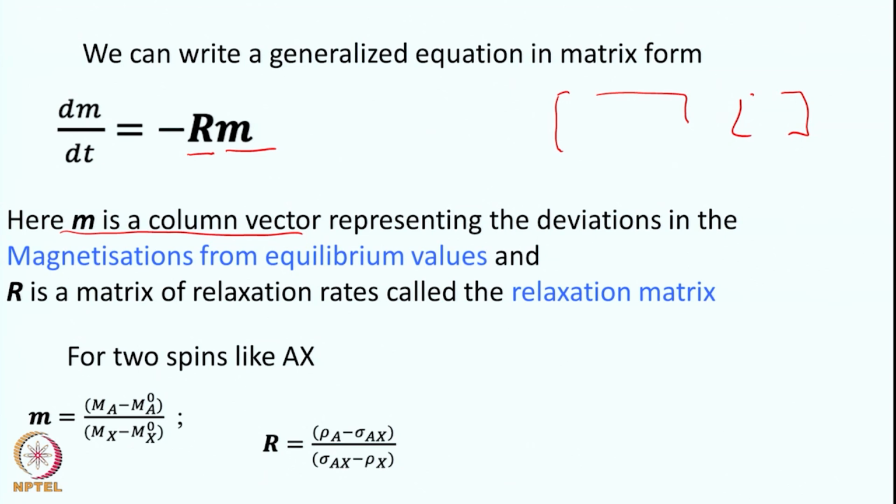We called these either auto relaxation or cross relaxation rates. So, we can write the magnetization product with the relaxation rate. For two spins, M will be a column vector with MA minus M0A and MX minus M0X, and the relaxation matrix has the autocorrelation rate of A, minus the cross correlation rate of AX, then the cross correlation rate of X, and the autocorrelation rate of X. So, the change of magnetization of any spin can now be defined in two terms: one is the relaxation matrix term, and the other is the deviation of the magnetization from its equilibrium state.